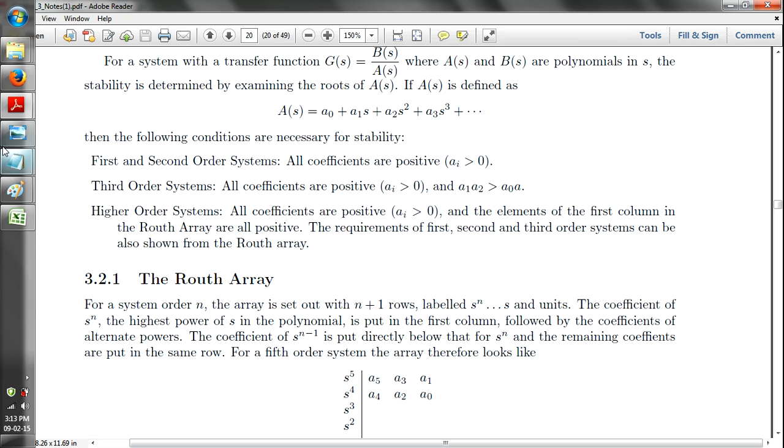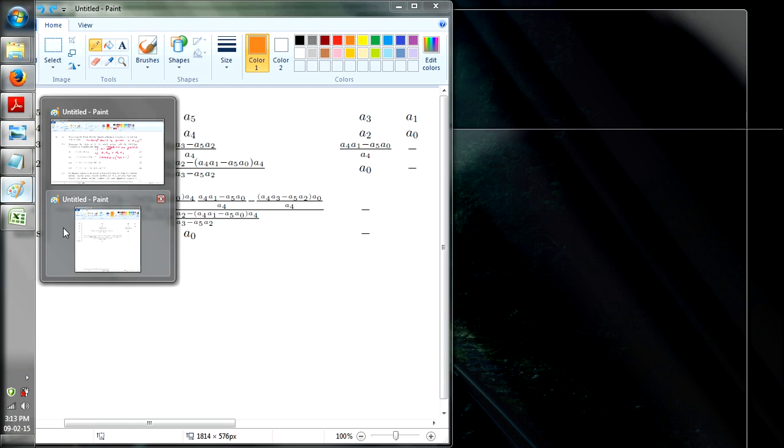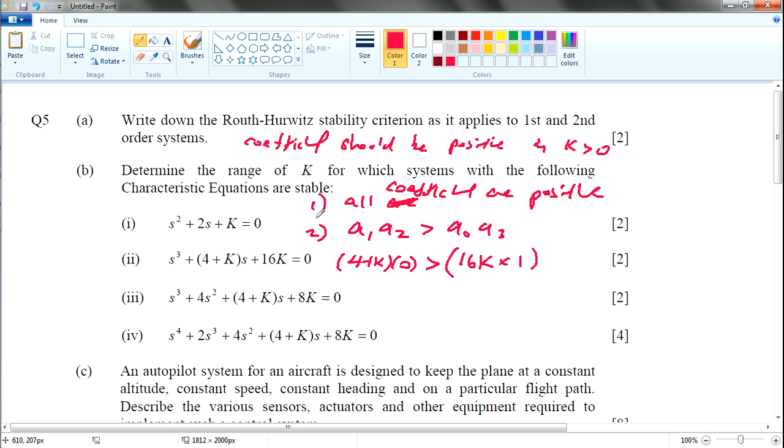So in this case, let's head back to our system. I actually wrote it down. The first condition we already made: all coefficients are positive, and you can identify that there is actually no second order term, no s squared, so a2 is 0. a1 is the first order coefficient, so it's 4 plus k, while a2 is 0.